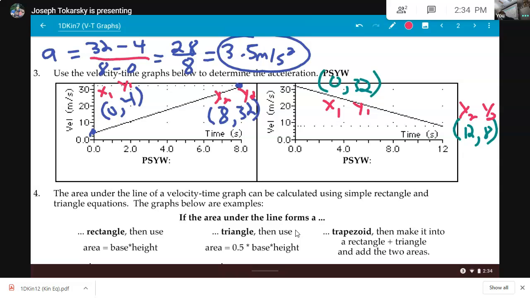So we'll do 8 minus 32, divided by x2 minus x1, that's 12 minus 0. So 8 minus 32 is going to be negative 24. 12 minus 0 is 12. This one's going to equal negative 2.